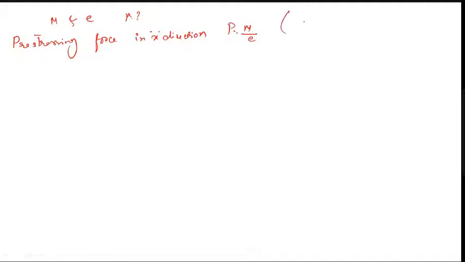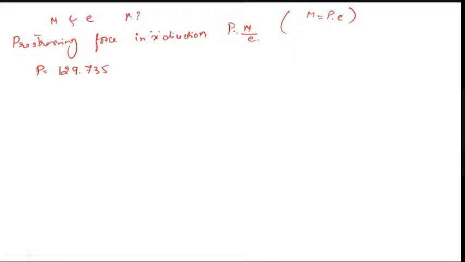Next I have got M and I have got E. I know the value of M and I know the value of E, but I need the value of P. How will I calculate? By force into perpendicular distance, moment. Now this stressing force in x direction, that is P equals M upon E. How we have got that is M equals P into E. Therefore P equals M, the value we have got, 735.